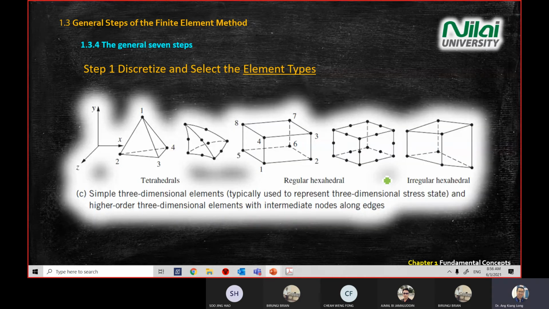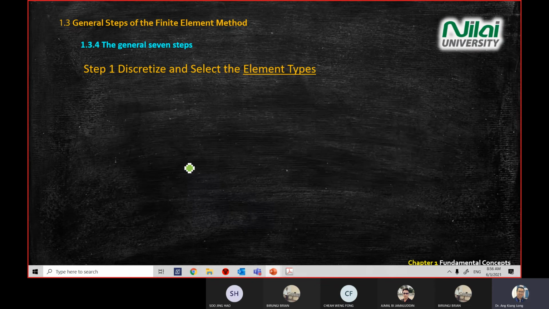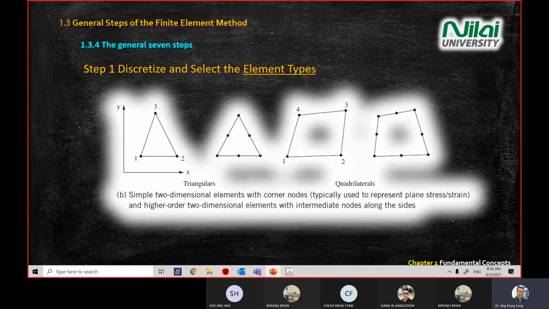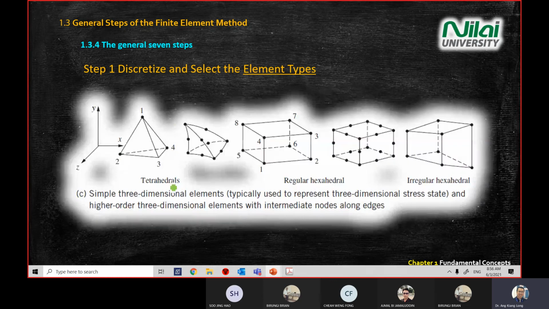Another one, if you go to the upper level, we call it 3-dimensional shape or 3-dimensional element. As you can see on the screen here, you have a tetrahedral, you have the hexahedral, and irregular hexahedral. So again, from today, when I mention the word triangular, trilateral, tetrahedral, hexahedral, you should already have all the shapes in your mind.